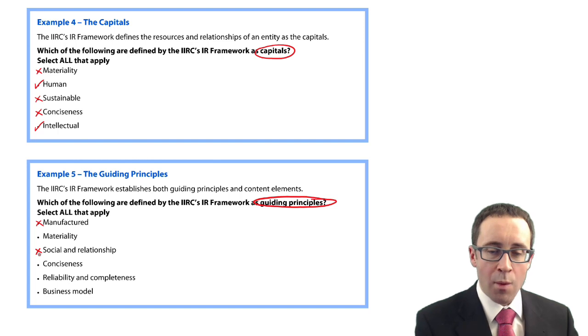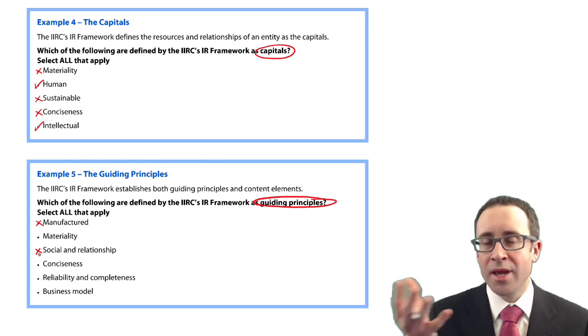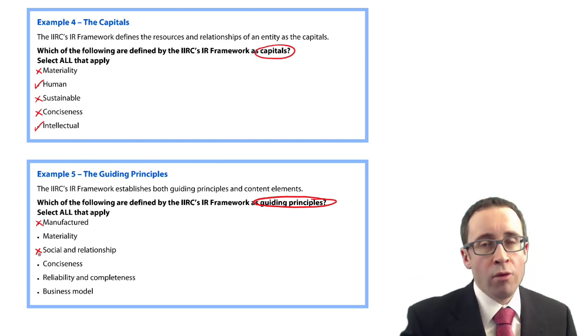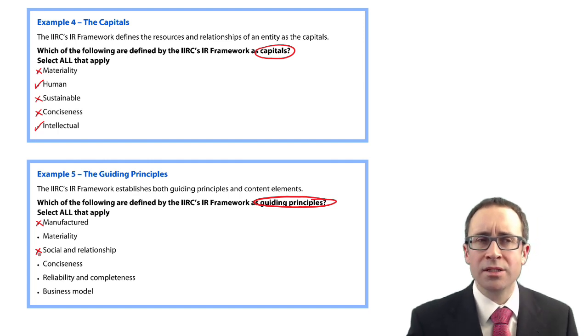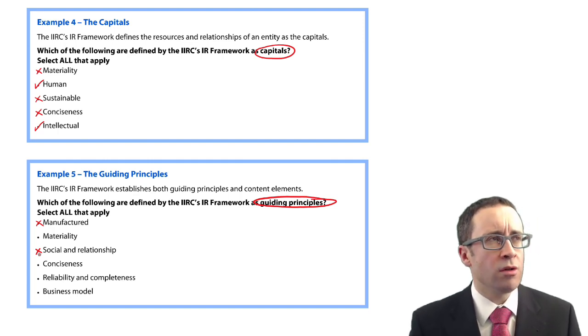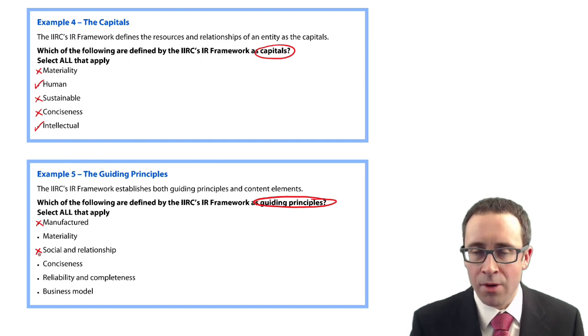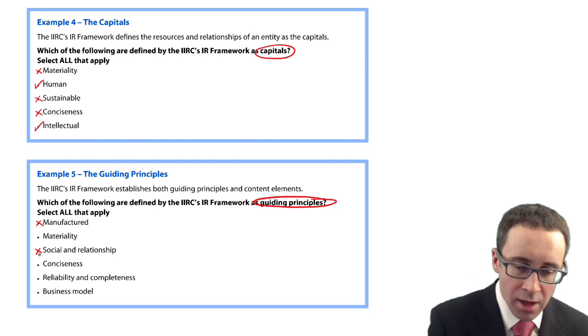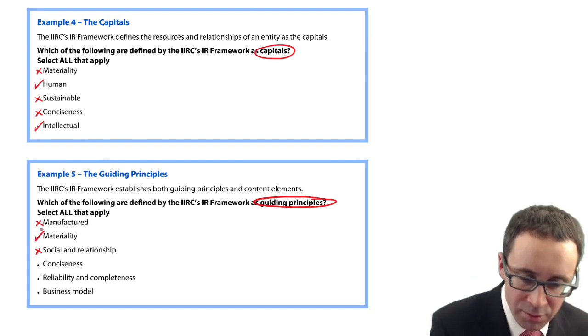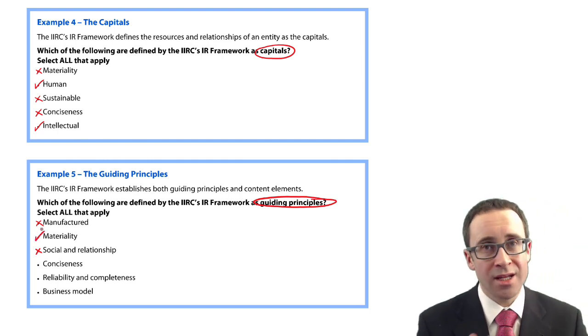Okay. Well, the principles, the ideas behind our report, aren't they? So materiality, yes, that's a guiding principle, isn't it? Because we want to make sure that we only talk about material items. Okay. Material capitals, if you like. So materiality is within there. Concise, that's a guiding principle.